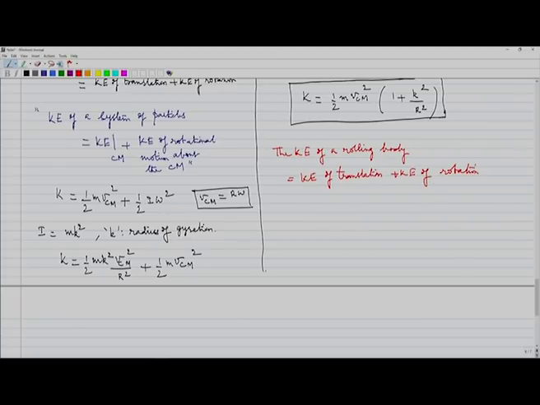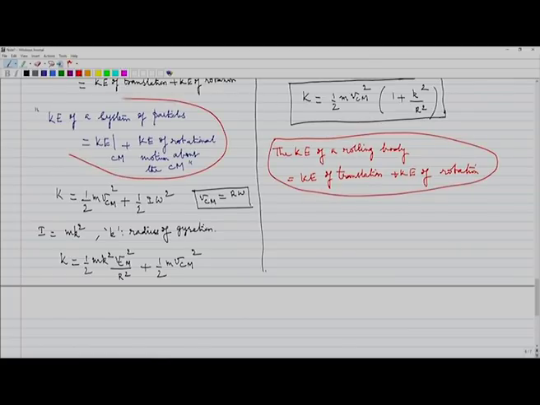This is nothing but what we already have done in the case of many particles. Both are actually the same. We have got an expression for the kinetic energy. Now we can make use of this expression.